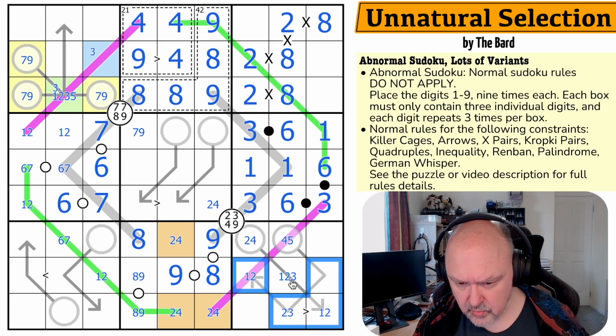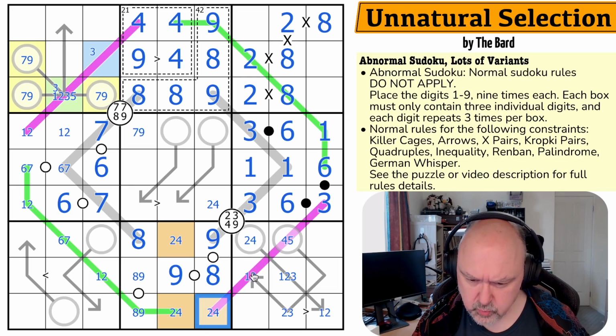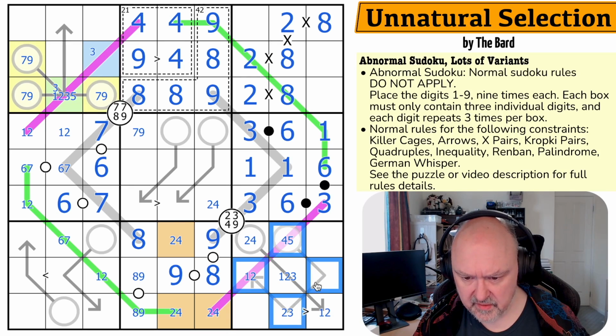And then I either go 1, 2, or 3, 4. But if this is 1, I'd have 2 and 4 only to play with. This would be 1. 1, 4, 2, 1.